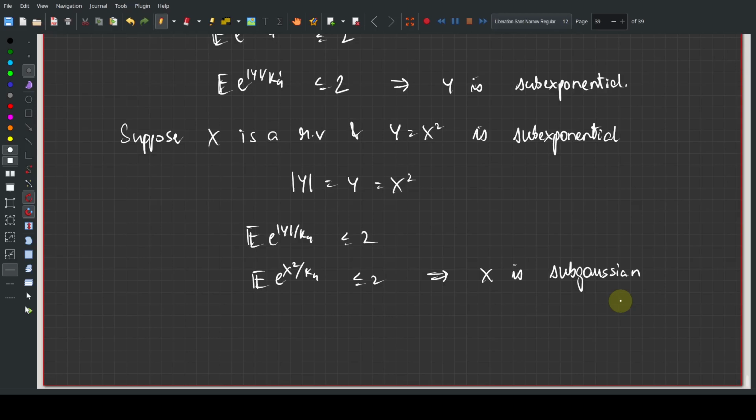X square is also going to be sub-Gaussian with a different variance factor, but it's still going to be sub-Gaussian. But it's also going to be sub-exponential. So just because x is sub-Gaussian does not mean that x square is not sub-Gaussian. It's guaranteed to be at least sub-exponential. But on the other hand, if x square is sub-exponential, you're guaranteed that x is going to be sub-Gaussian.